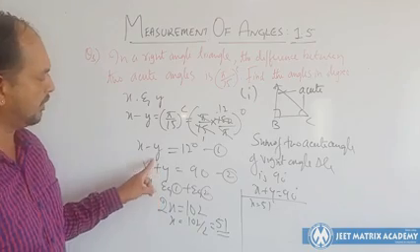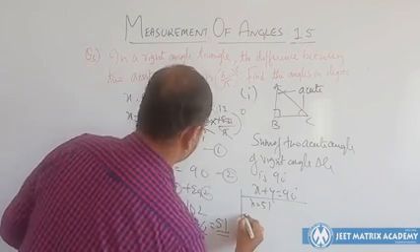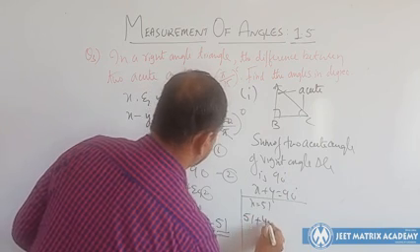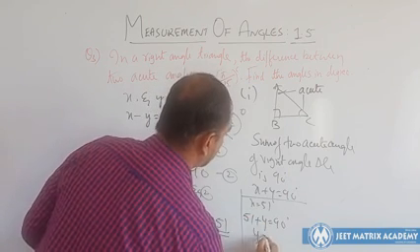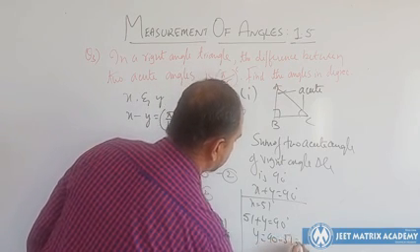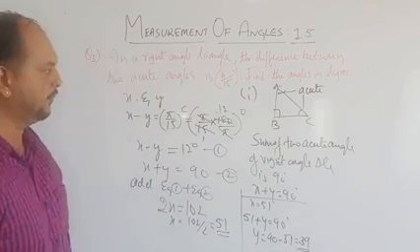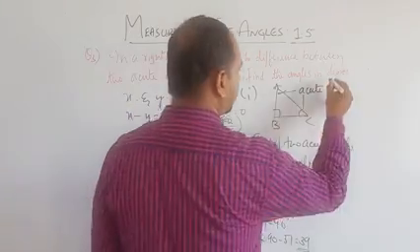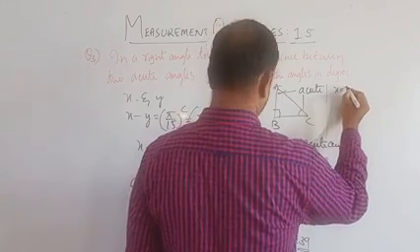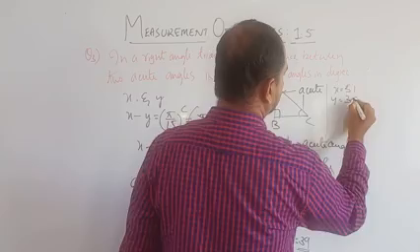Substitute x equal to 51 in any one of the equations. 51 plus y equal to 90. So y equals 90 minus 51, that is equal to 39. So x equals 51, y equals 39.